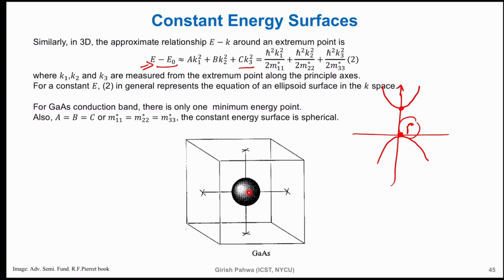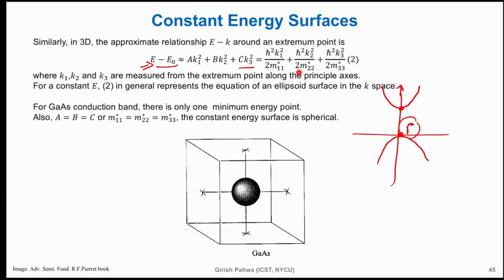So this is the conduction band. What about the valence band? The valence band maximum is also at the gamma point, so for the valence band also there will be a spherical symmetry. M11, M22 and M33 will be equal. By the way, for the conduction band we have electrons as the carriers, right?